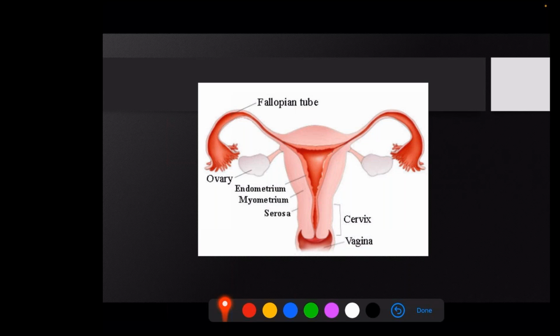But the lamina propria or the stroma contains stromal cells, endometrial glands, blood vessels, and nerves. The glands are simple tubular and lined by mucus secreting, non-ciliated columnar epithelium, which penetrates the stroma.